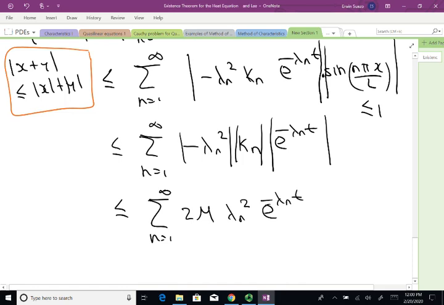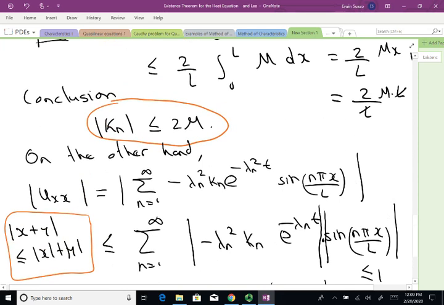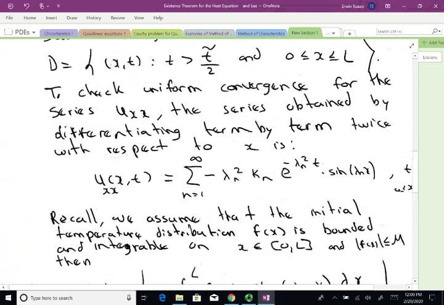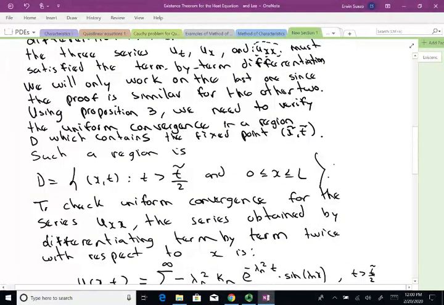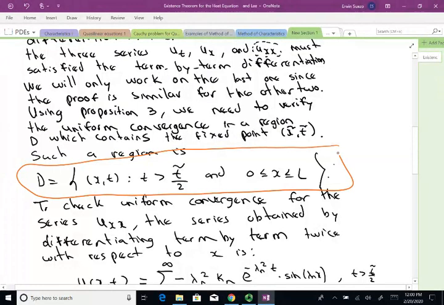Okay. But notice something here we had done. We have 2m lambda n squared e to the minus lambda n t. You might wonder, why did he start doing this region? We haven't used this region yet, right? So now we're going to use it. I fixed my region to make this trick work.